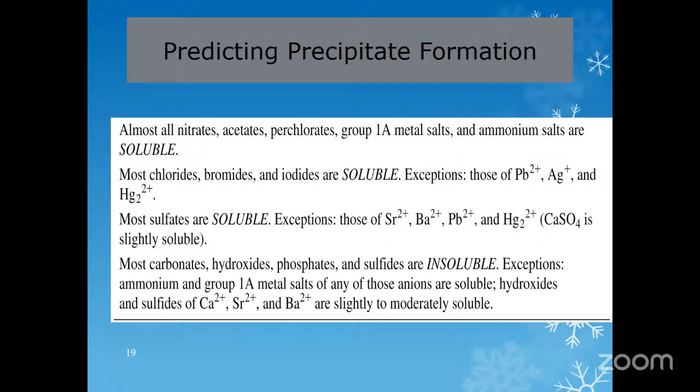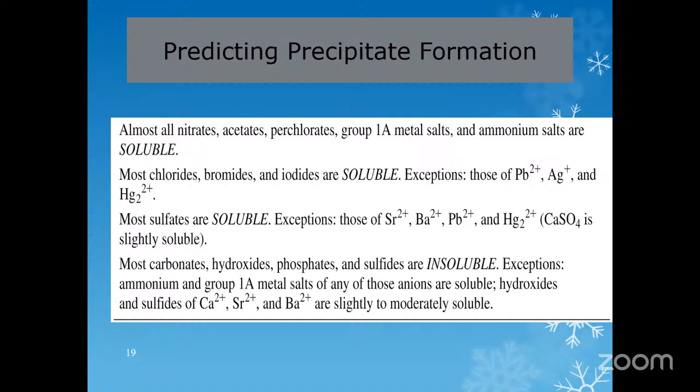Oh, before we do that, very important. This is a very important chart that you're going to need in order to determine the net ionic equation for a precipitation reaction. In fact, we're going to use this to make a prediction as to whether or not a particular ionic compound is a solid or will dissolve in water.